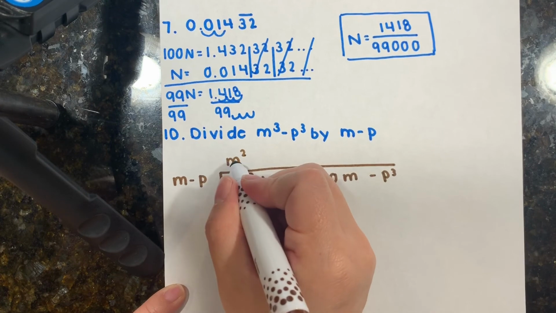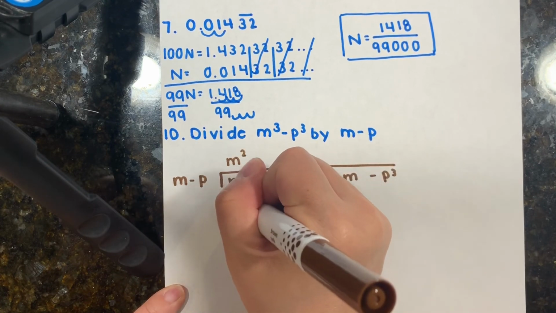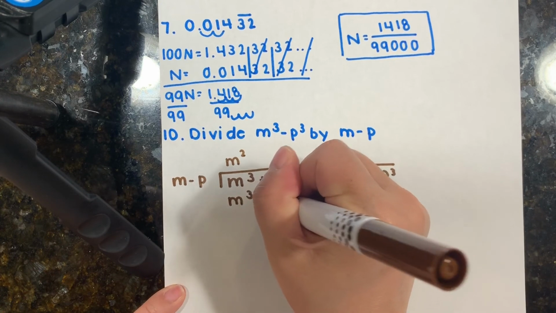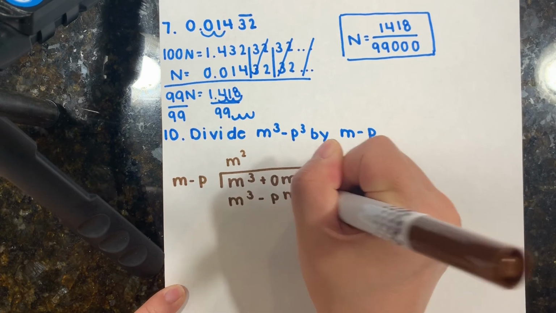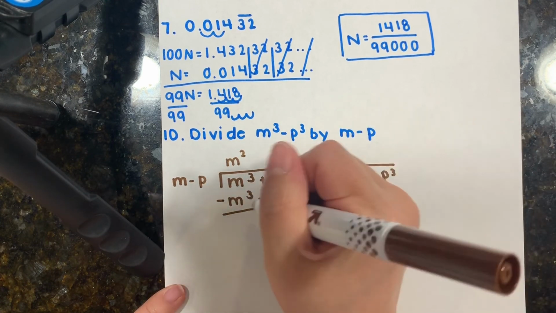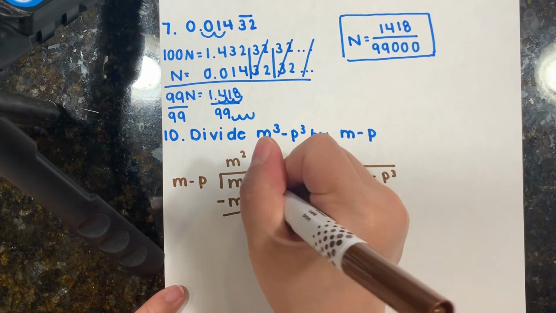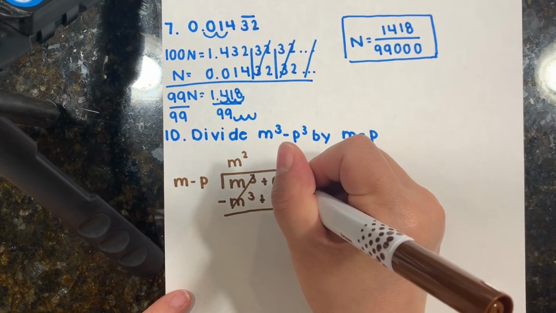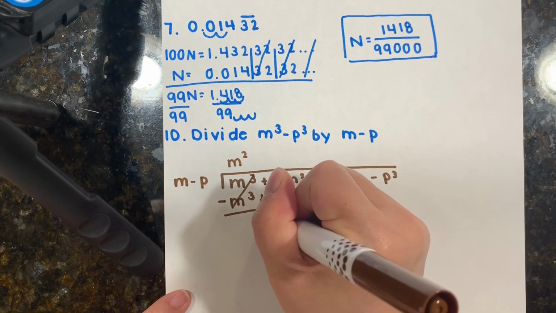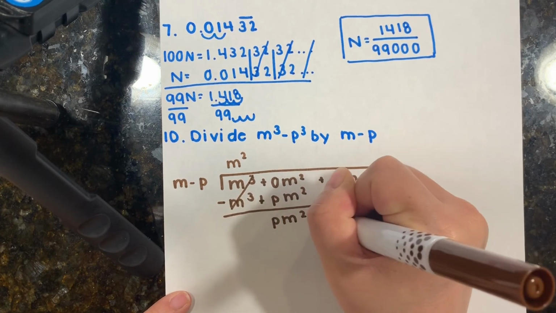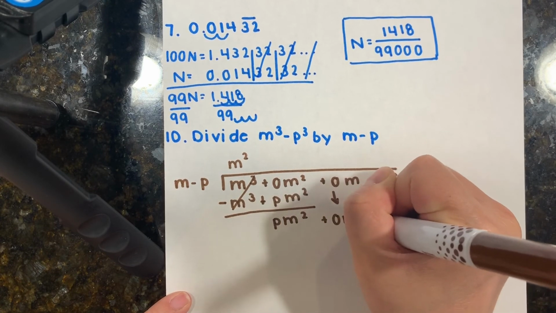Now multiply, so m squared times m would be m cubed. M squared times negative p would be negative pm squared. But because we're subtracting, we're going to change the signs from positive to negative and negative to positive. My m cubes cancel. When I add 0 to this, it would just be pm squared. We're going to carry down the 0m.